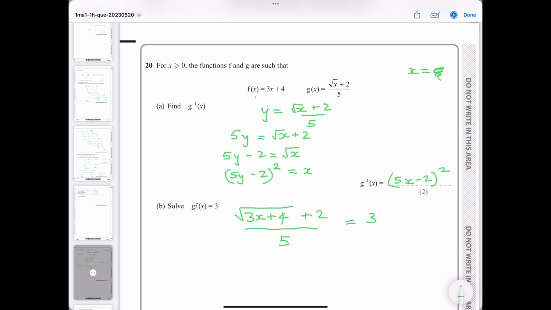We've got the 3 in there, so that seems right. So now times both sides by 5, so we get root 3x plus 4, plus 2, make sure that's outside, equals 15. And then take that away, so root 3x plus 4 equals 13.